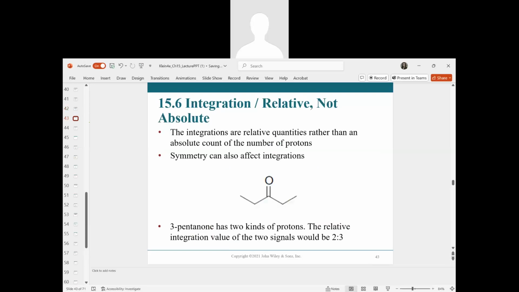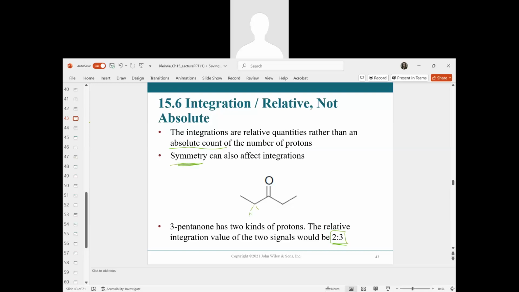So sometimes integration and these relative quantities cannot determine the absolute count of the number of protons. At times you can, but if there's symmetry within a molecule, that's one time where we would see that our relative integration would give us 2 signals that in this case would be 2 to 3 in proportion.